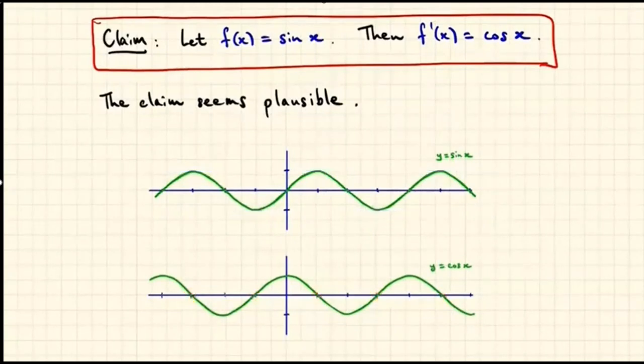Let's also focus on points where the tangent lines of y equals sine x have slope positive 1. Notice that cos x takes the value plus 1 for exactly the same points.